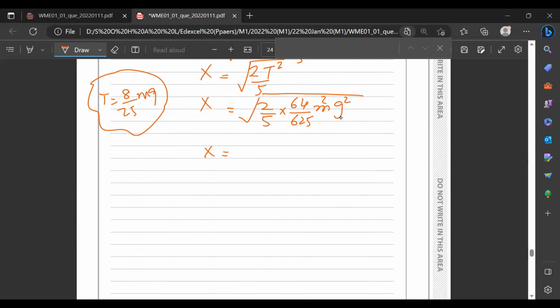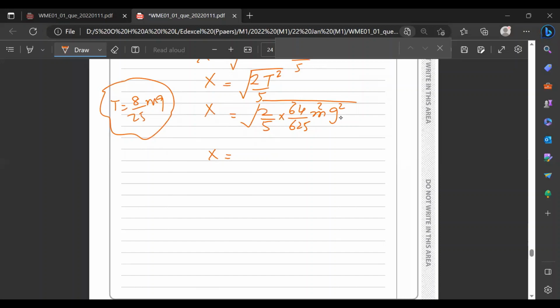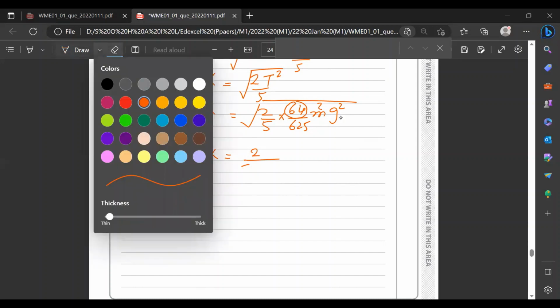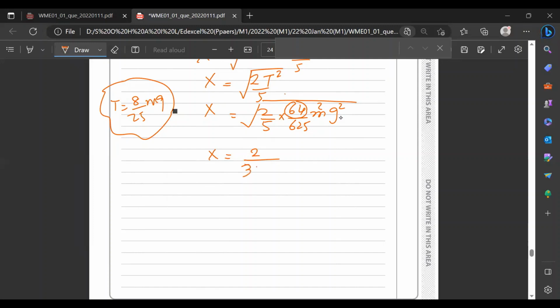So here I can write 2 over 5 into 625, which is a 3125 denominator, under the square root.